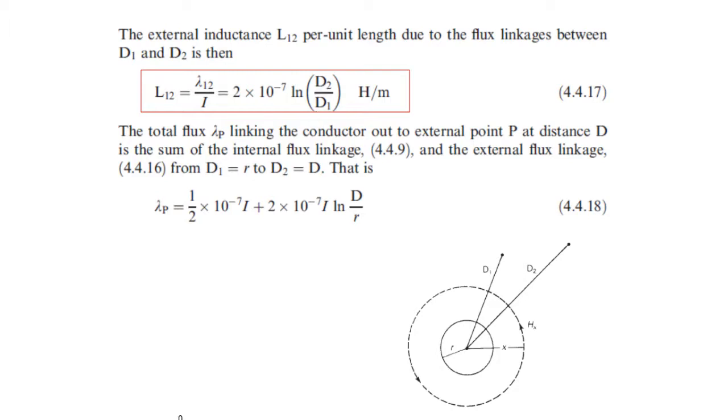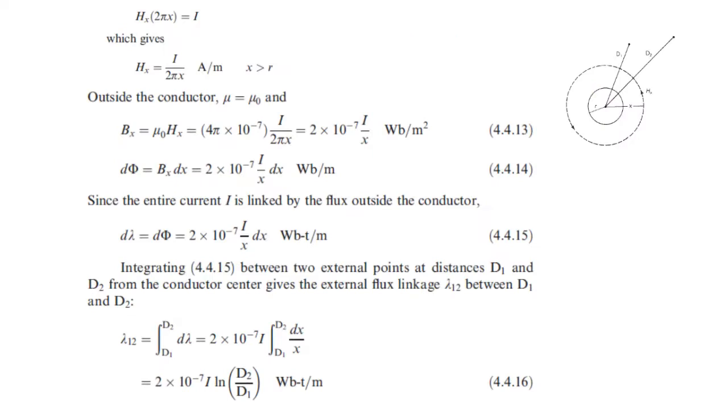This natural log comes from 1 over x. I over x, and then when we divide by I, we get this one here. So lambda, we get the integration of 1 over x, which is natural log. Remember the flux linkage, we integrate the flux.